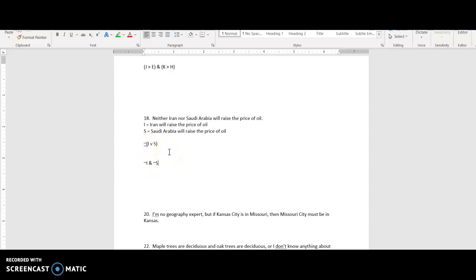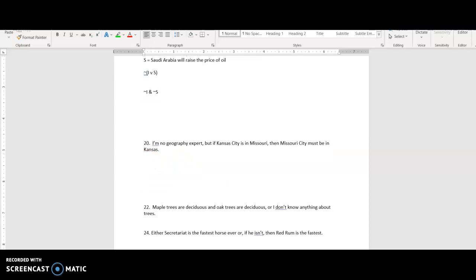To say neither I nor S is to say not I and not S. Neither nor means both of those are false, right? So these are both equivalent to each other, and if you write this, I would not take points off. To me, though, the more natural translation of neither nor, like I said, is not either or, the negation of a disjunction.